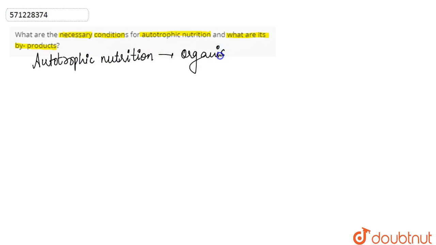If we talk about the autotrophic mode of nutrition, it is that mode of nutrition in which the organism makes its own food using some raw materials.